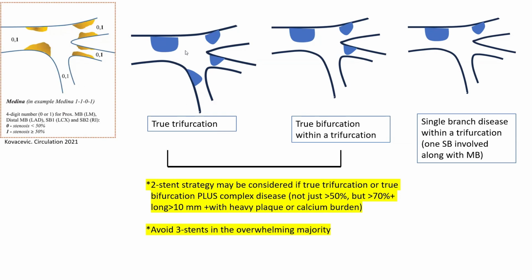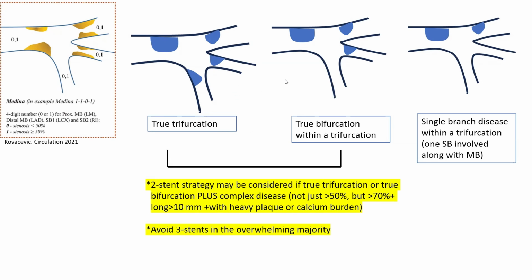You may have what we call a true trifurcation in case the main branch and all three side branches are involved, or you may have true bifurcation within a trifurcation when the main branch and two of the three major side branches are involved more than 50%, and you may have what we call single branch disease within a trifurcation when one side branch is involved along with the main branch.